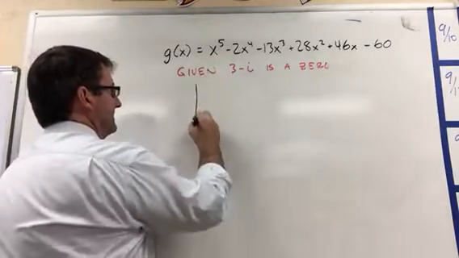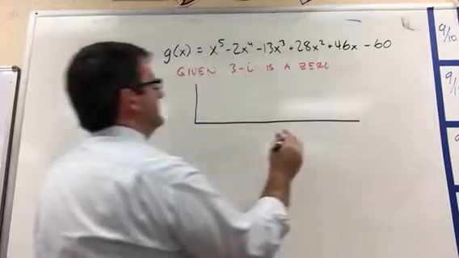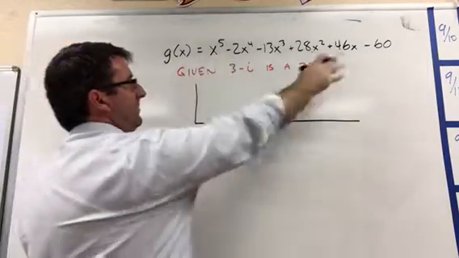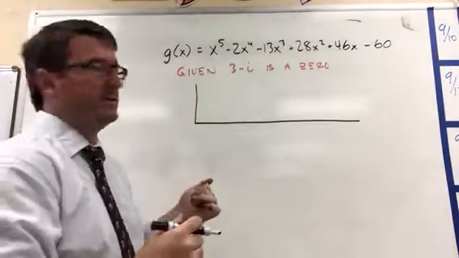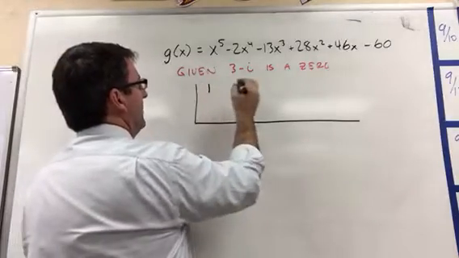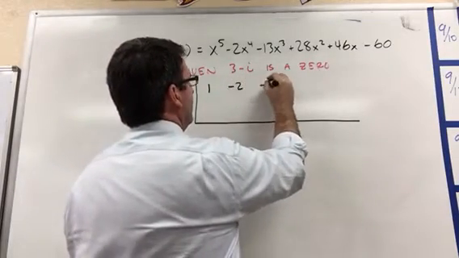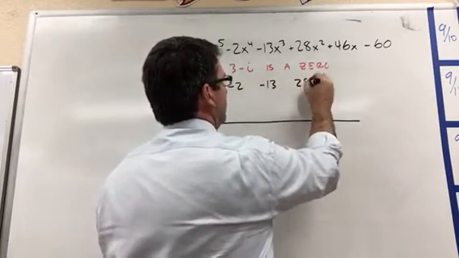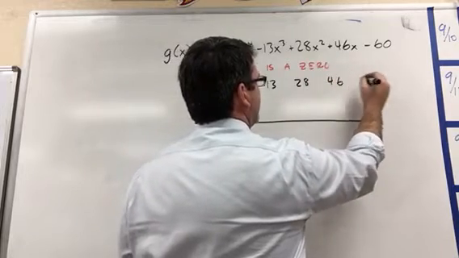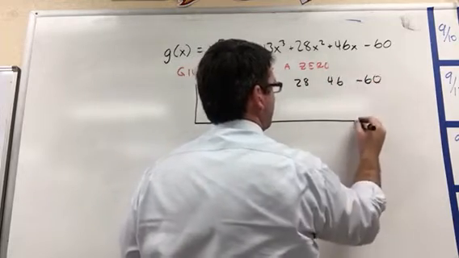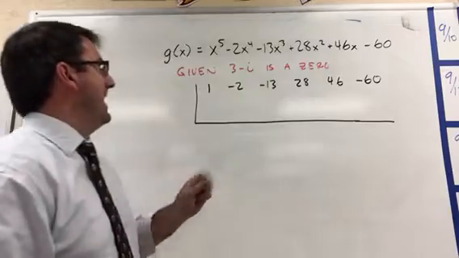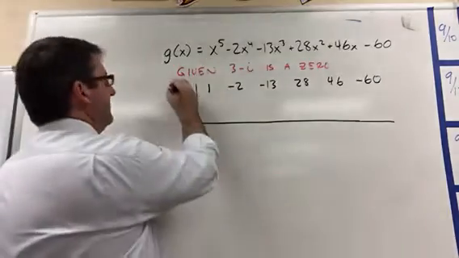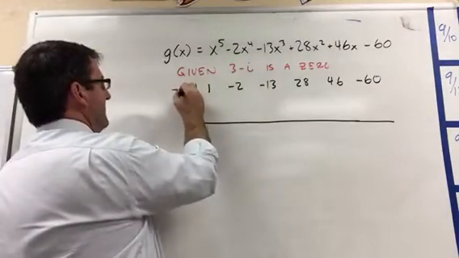So setting this up with our synthetic division, we're going to put all of the coefficients of this function here. So 1, negative 2, negative 13, 28, 46, negative 60. And out front here, we're going to have our zero, which is 3 minus i.